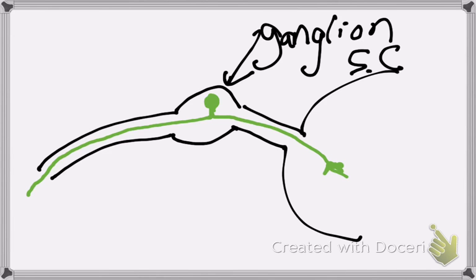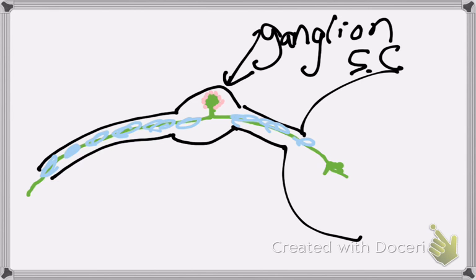And then it's going to get into the spinal cord to make its synapse. So where are my satellite cells? They're around the neuron cell body. Okay? And where are the Schwann cells? They're here. They're associated only with the axon. Are you with me on that?